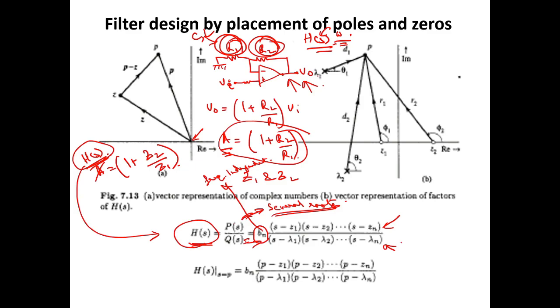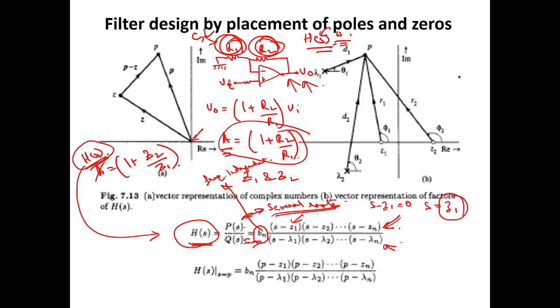Now the next thing is, suppose we are in the s plane, so we have s minus z1. If we put it equal to 0, we get the solution s equal to z1. Okay, so when s is equal to z1, what happens if I put this value over here?